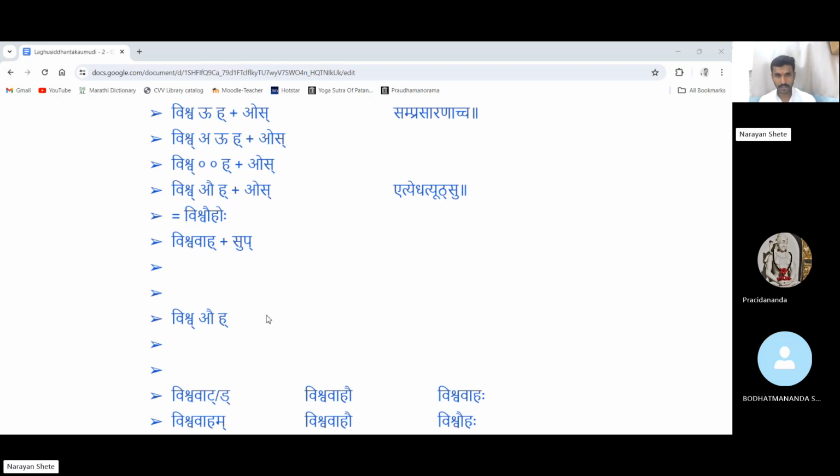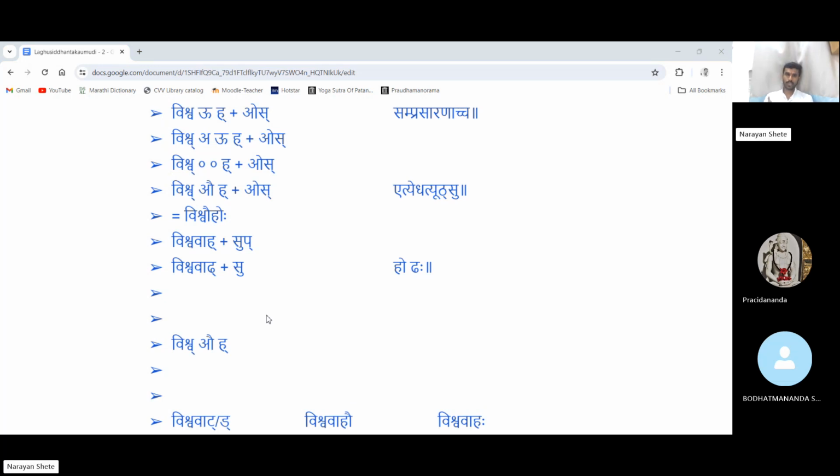Hakara of vaha will turn into Dhakara by Odha. Dhakara will turn into Dakara by Jhalam Jashonte.